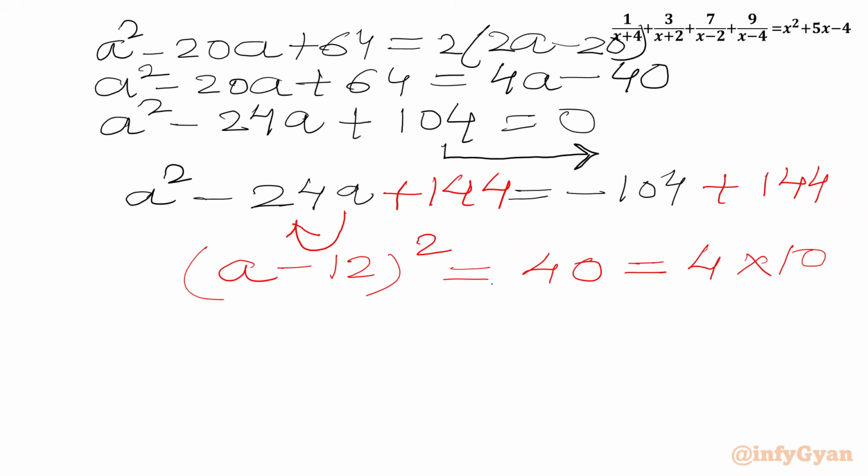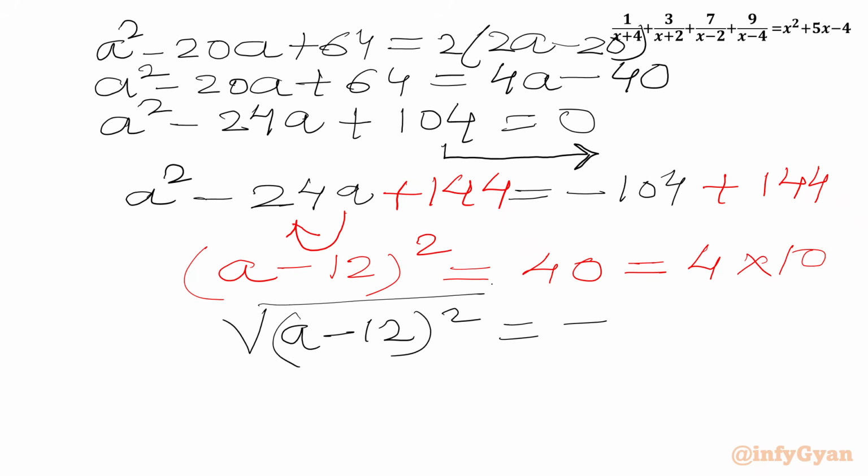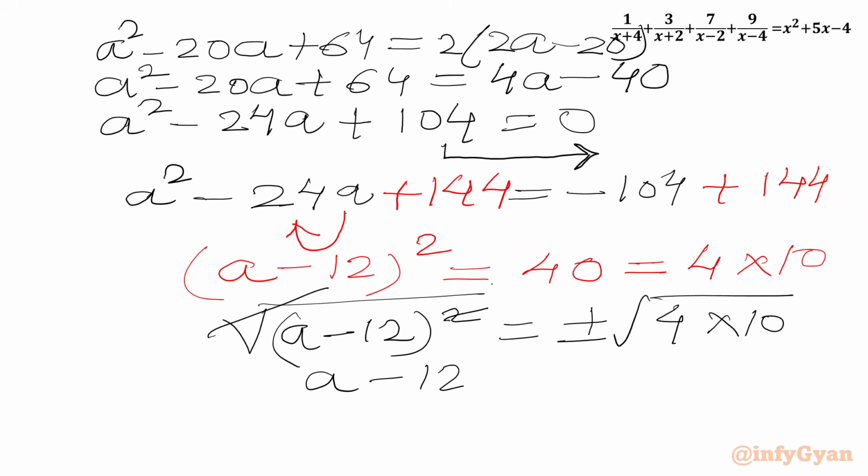Now we will take a square root both sides. So I will write square root of a minus 12 whole square equal to plus minus sign square root of 4 times 10. Square root and square will get over. We will write a minus 12 equal to plus minus sign 2 square root 10.